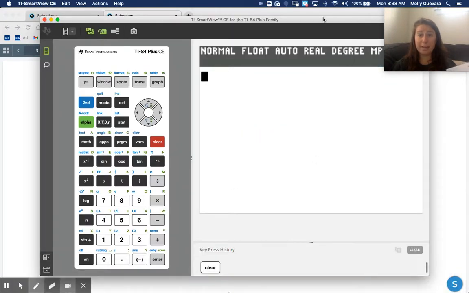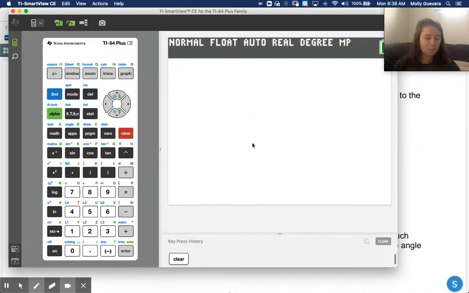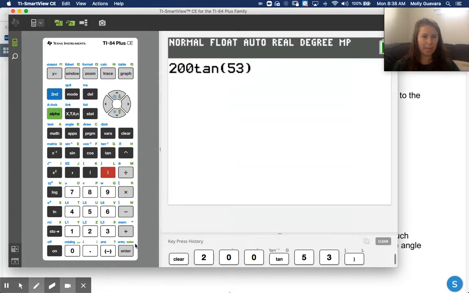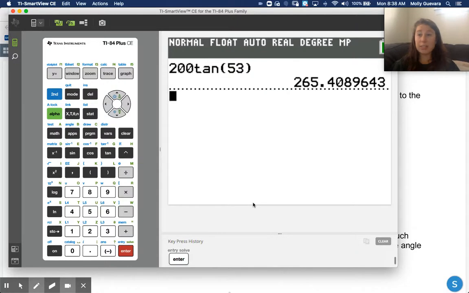Notice I'm in radians, right? So I'm going to take 200 times tangent of 53 and hit enter. So here's this number, which is great, you know, it's a number. I am going to save this under A because this is what A equals, right?